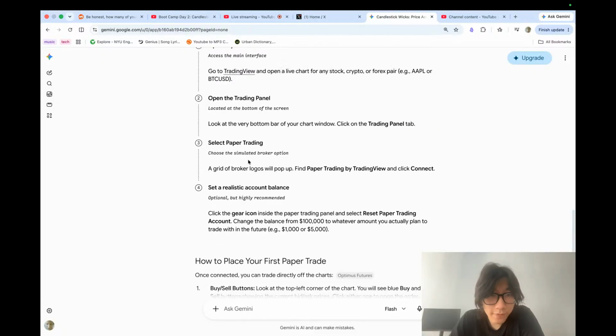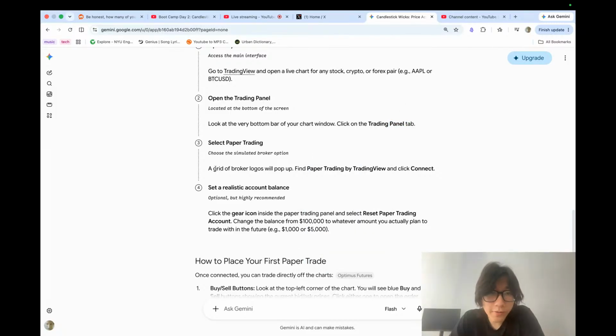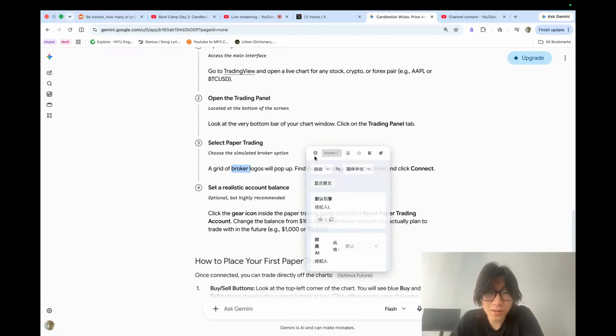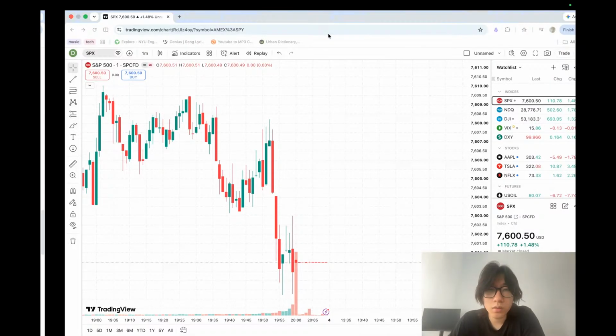At the very bottom bar of the chart window, click the trading panel tab. A grid of broker logos will pop up, and then paper trading.